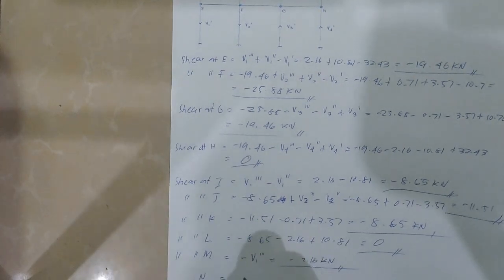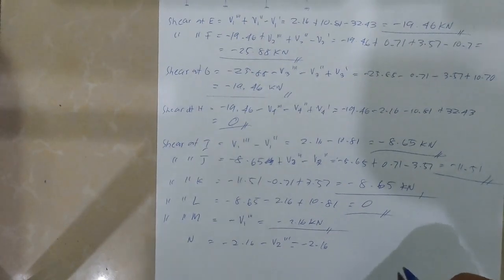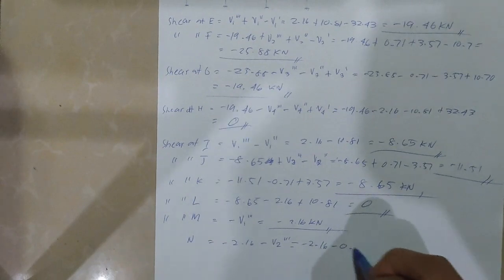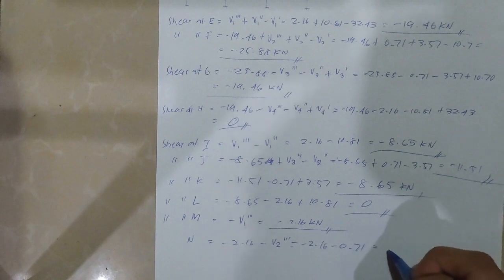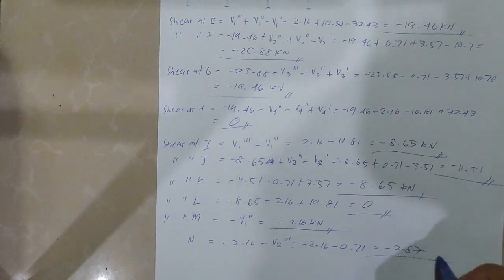So at N, copy 2.16 and minus V2 of the third floor: 2.16 minus 0.71, which is equal to negative 2.87.